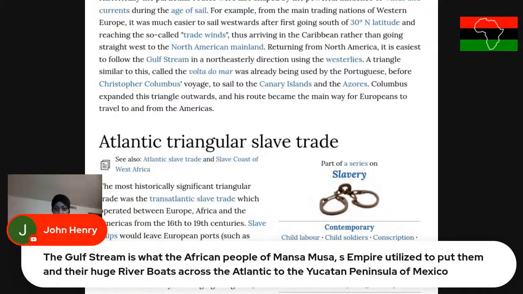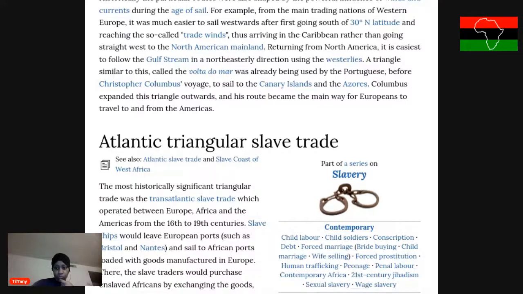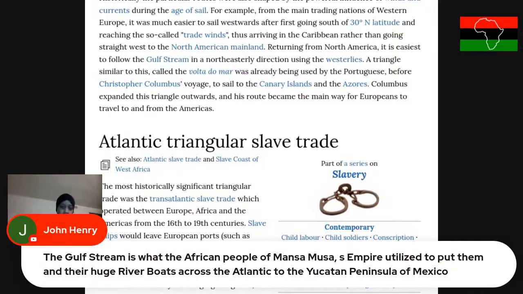I would have to find some material on that, as far as the African people of Mansa Musa's Empire and how they utilized the riverboats across the Atlantic to the Yucatan Peninsula of Mexico. Well, that's something I gotta look into. Yeah, I'll have to look into that.